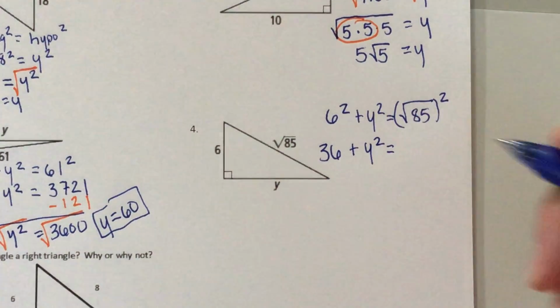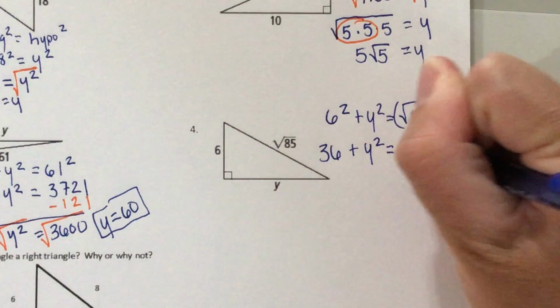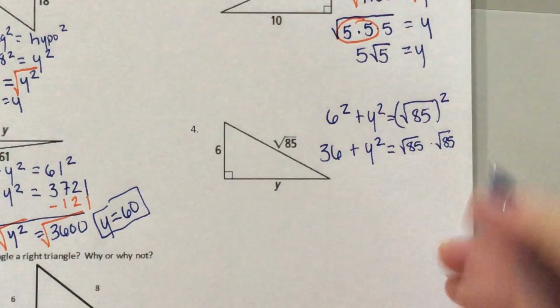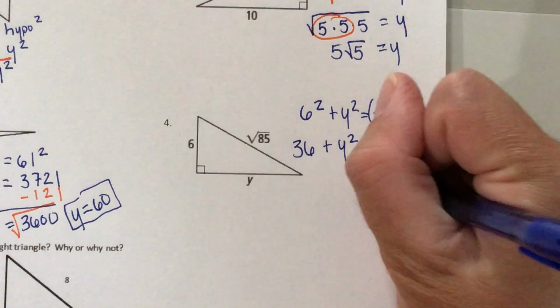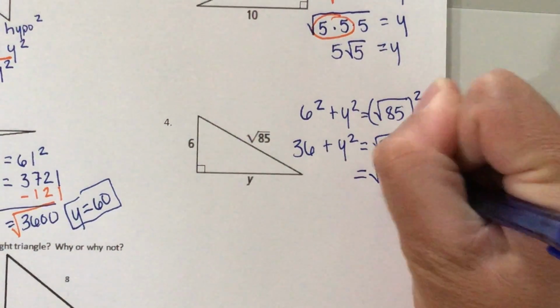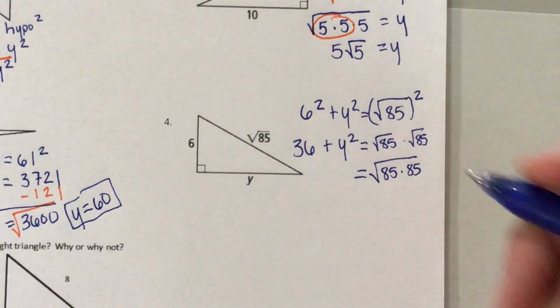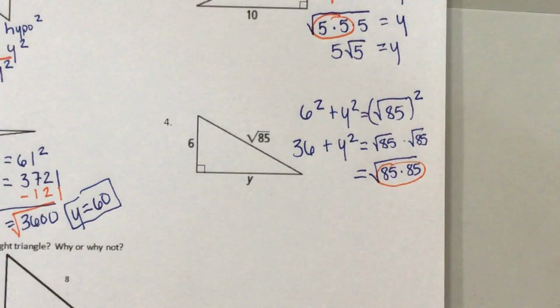Now, when I square this, that means I'm going to write it twice. And if you remember back in Unit 5, we've got the same root, so we can write it under the same radical. And because I have the two 85s under the radical, they come out, and I'm left with the 85.